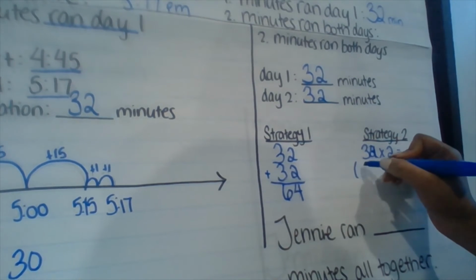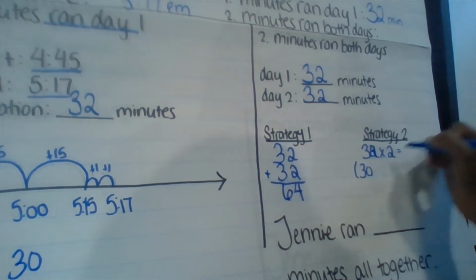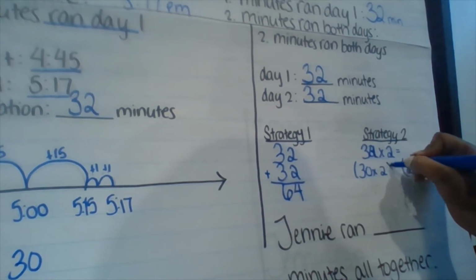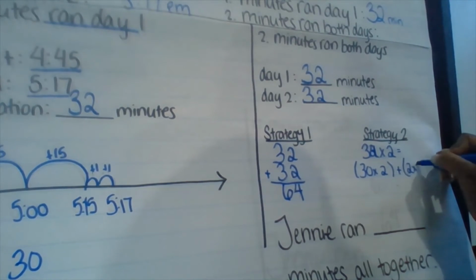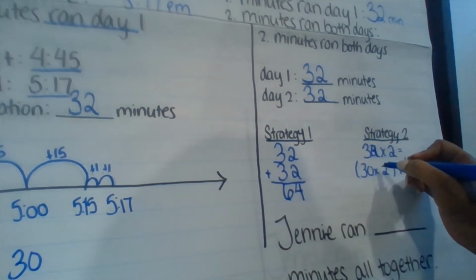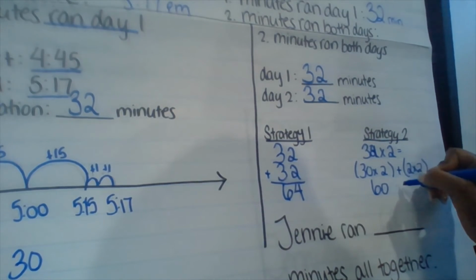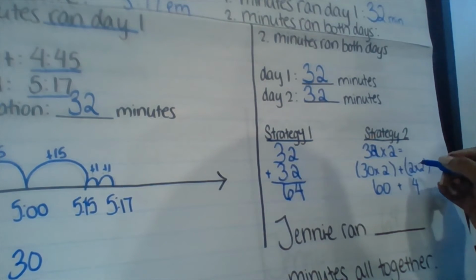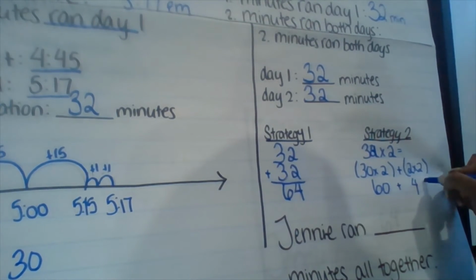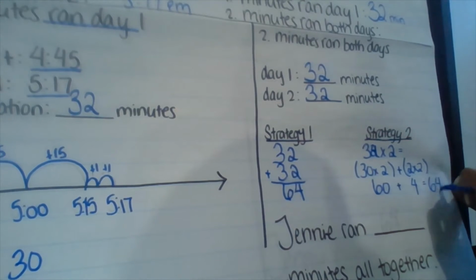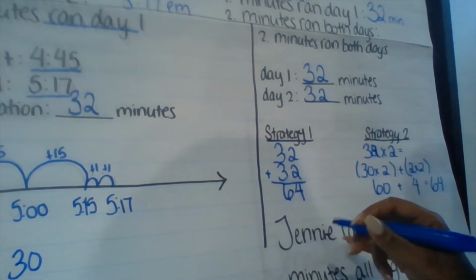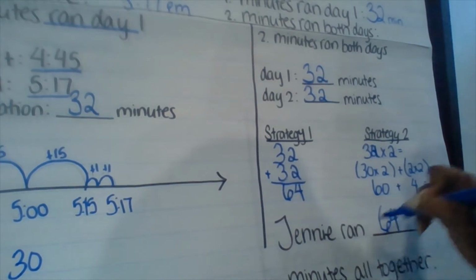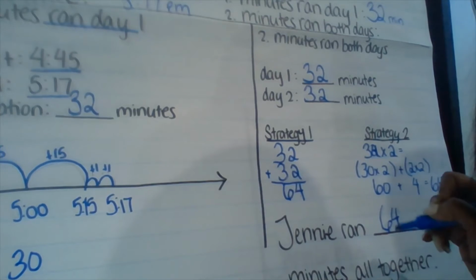So I can decompose 32 into 30 and 2, multiplied by 2, multiplied by 2. 30 times 2 equals 60. 2 times 2 equals 4. And 60 plus 4 equals 64. So I know that Jennie ran 64 minutes all together.